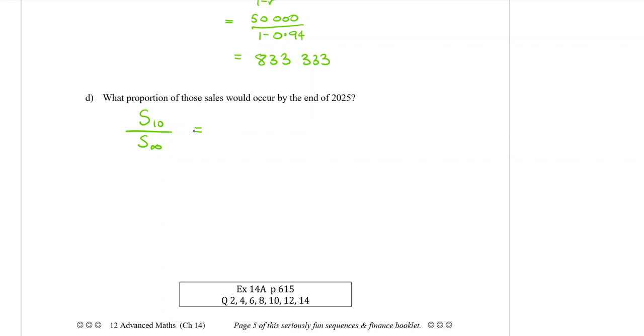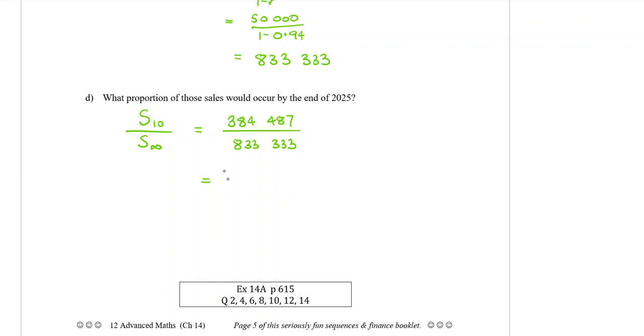Okay? So our sum of 10, looking back to B, was 384,487. We put it over the 833,333, and unfortunately it doesn't work very nicely. I did it as a decimal.